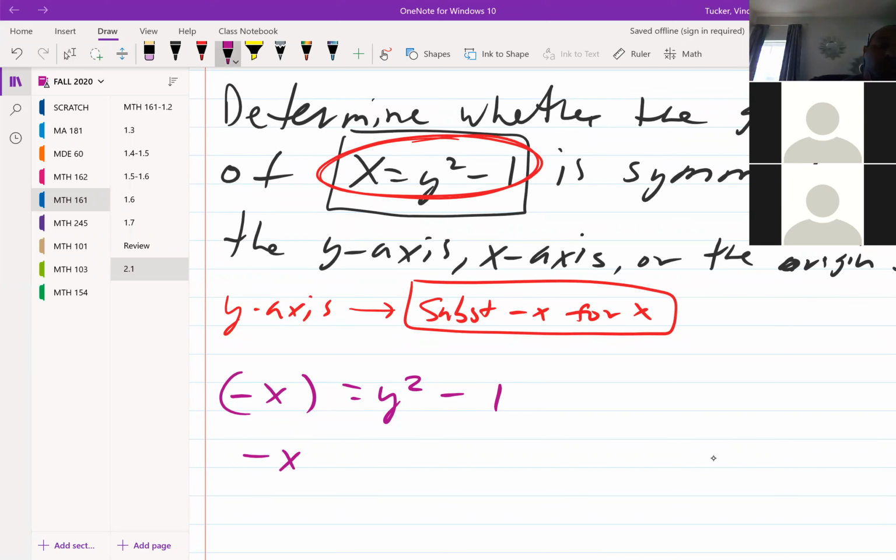Because I have x equal to y squared minus 1 in my original equation, I want to have x equal to, and then I'd be able to make a clean comparison. So I will multiply both sides by negative 1, since I want to get that negative off of my x. This is x equals negative y squared plus 1.